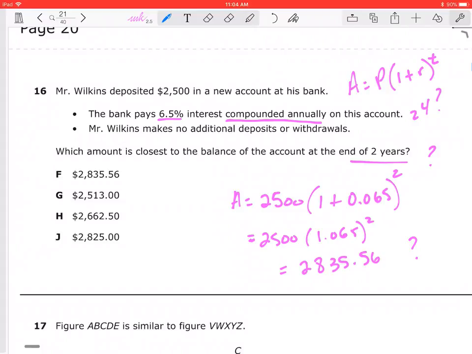Now 0.065 times, we don't know. Where's my exponent on this calculator? Bear with me.